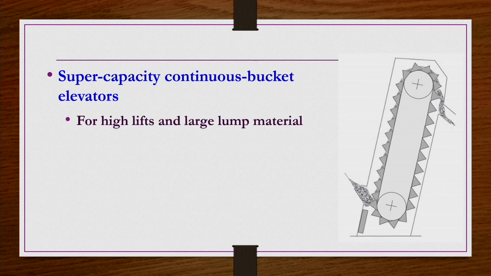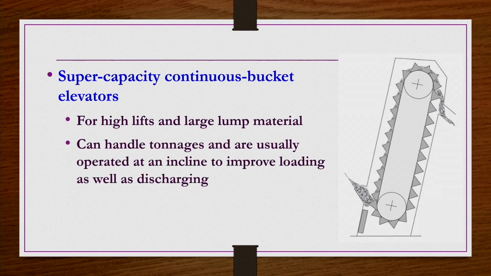These are for high lifts and large lump material, can handle large tonnages, and are usually operated at an incline to improve loading as well as discharging. However, the running speed of these supercapacity continuous bucket elevators is low compared to the other bucket elevators. So, these are the 4 discharge types of bucket elevators available.